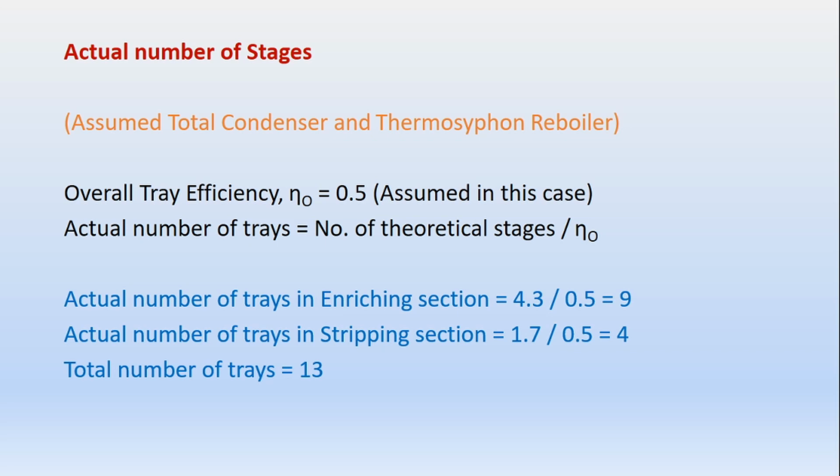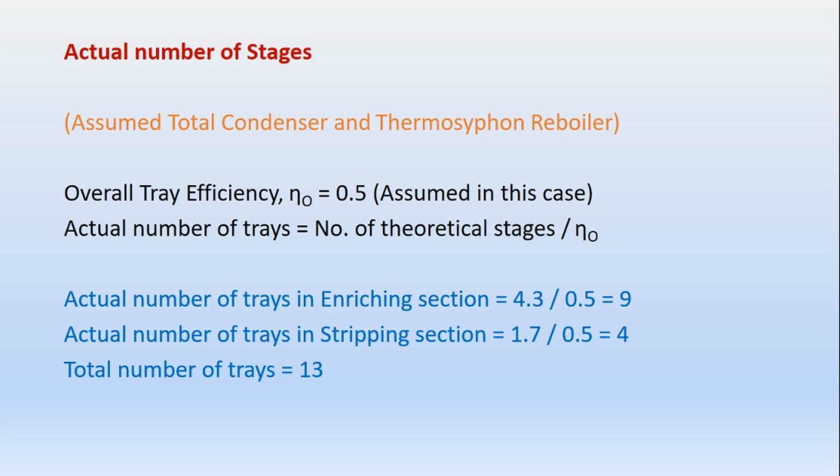We can find the actual number of stages as the number of theoretical stages divided by this stage efficiency. In the enriching section we had 4.3 ideal stages, divided by 0.5, we get 9 stages. In the stripping section 1.7 ideal stages divided by 0.5 efficiency gives us 4 actual stages.